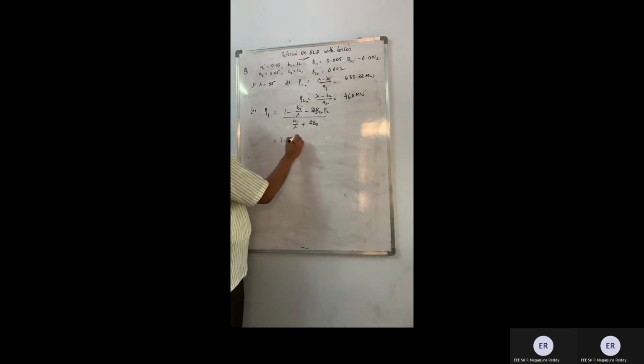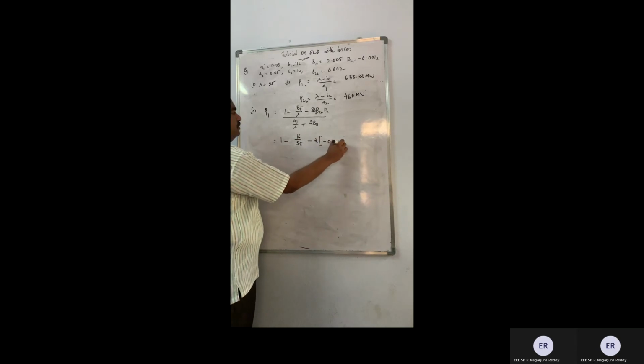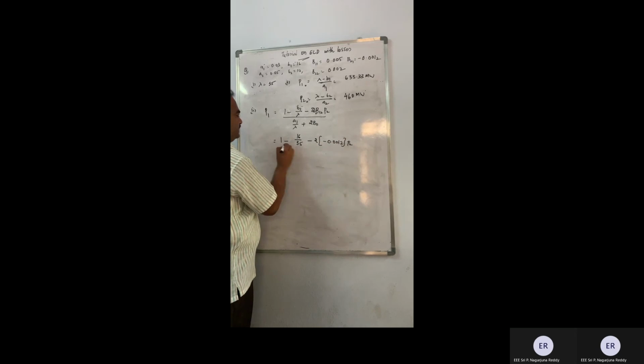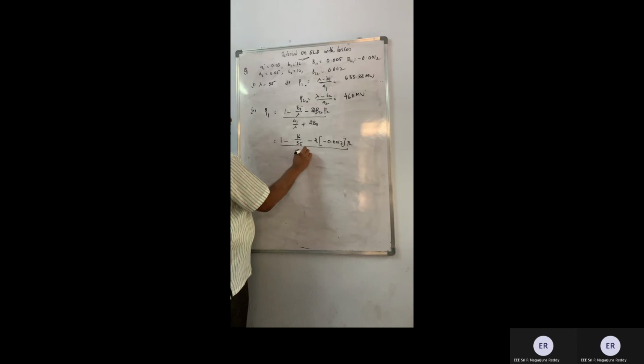1 minus B1 is 16 by lambda is 35, minus 2 into B12 is minus 0.0012 P2. I'll keep P2 like that itself. And this is 0.03 by 35 plus 2 into 0.005.